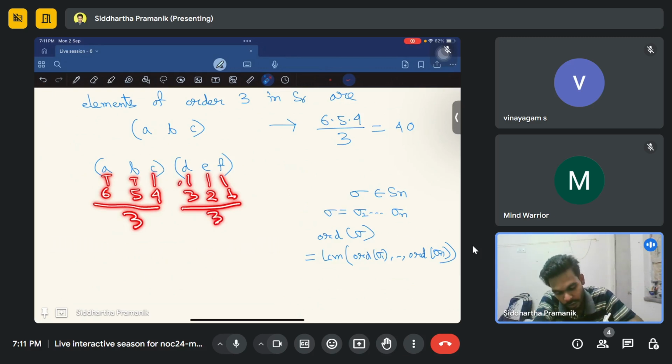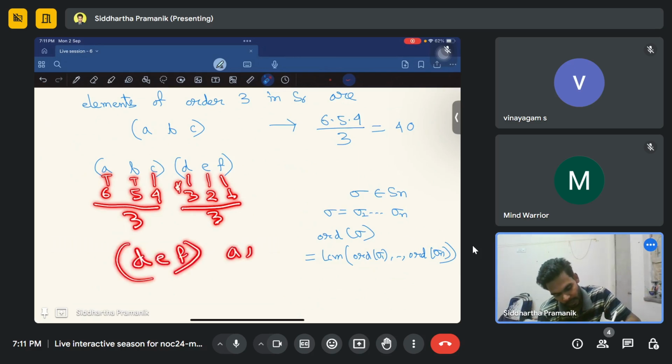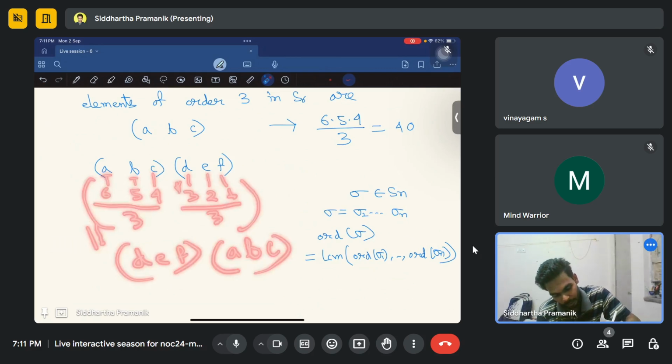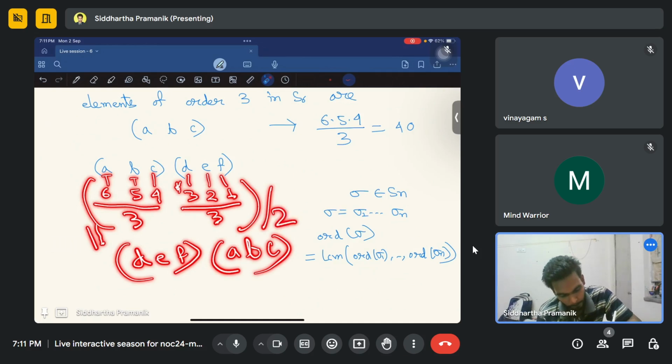But these are disjoint 3 cycles, so they commute, right? So it can be written as DEF times ABC also, but both these permutations are the same. That means we need to divide again by 2. So did you get the point?